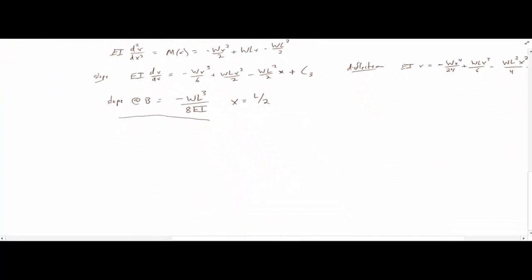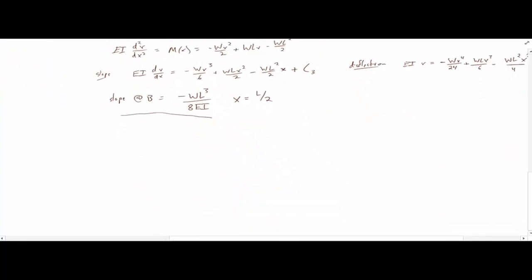So right now we're doing our slope. So what we'll do is go ahead and solve for this. EI d nu over dx equals negative w when x is L over 2, so we're going to plug that in.